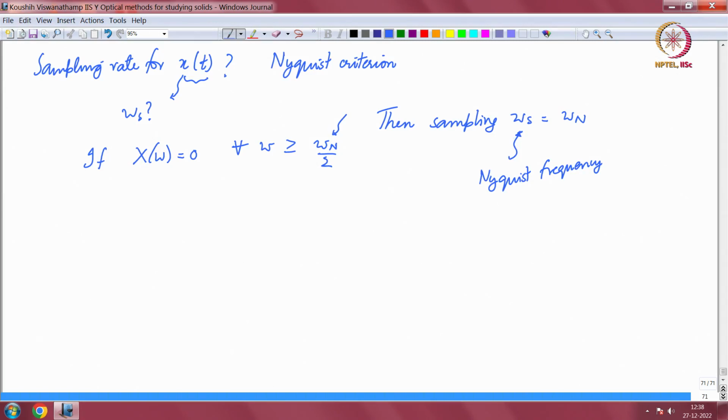And this tells you really that you need at least 2 samples per cycle of the fastest changing frequency in your signal. That is basically what the Nyquist criterion says.